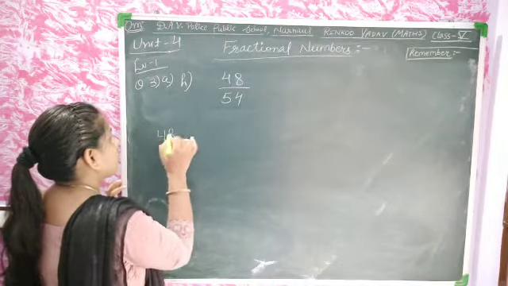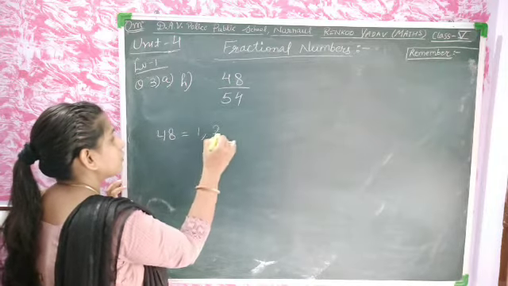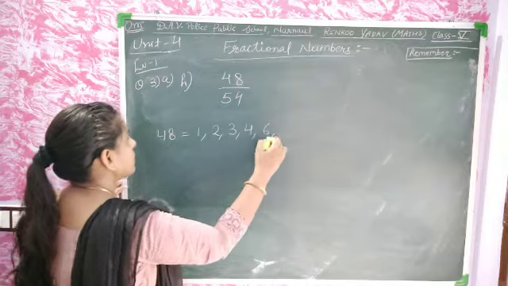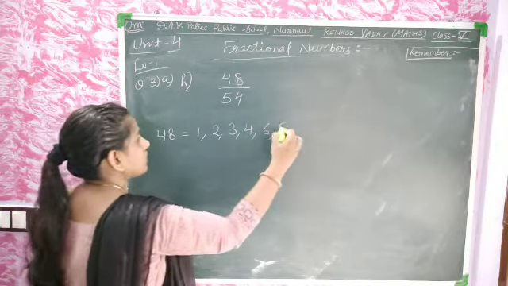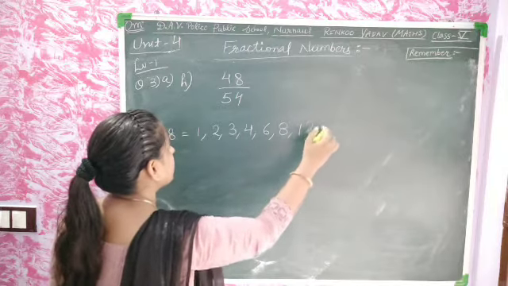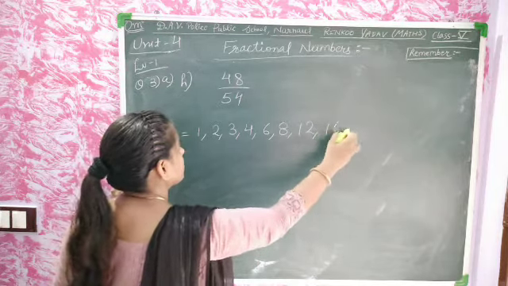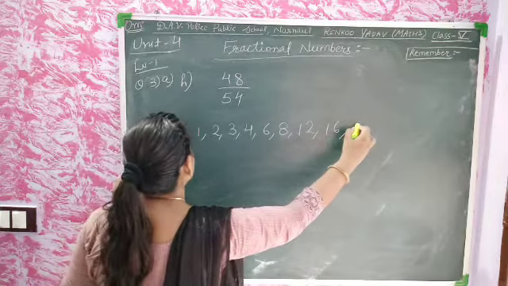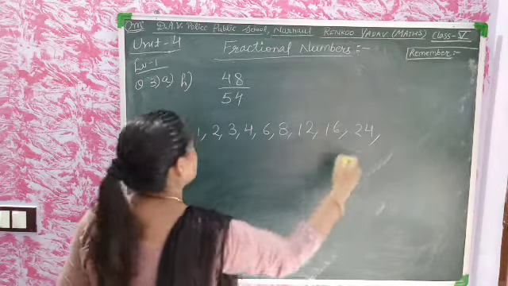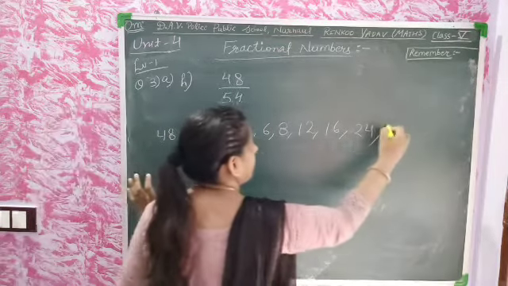The factors of 48: 1, 2, 3, 4, 6, 8, 12, 16, 24 and 48.